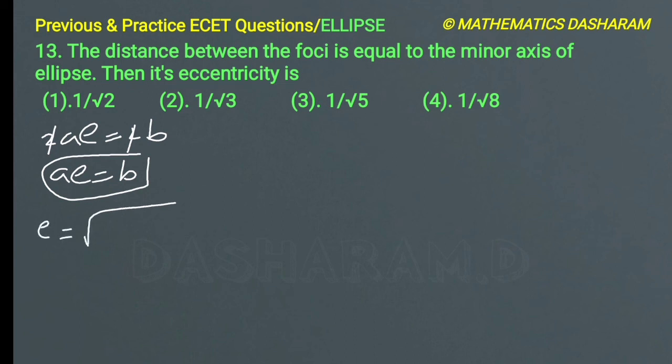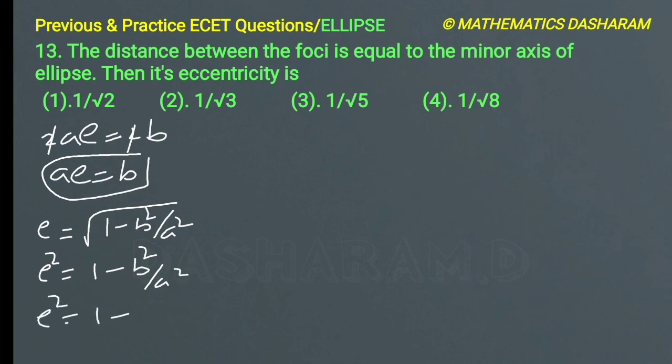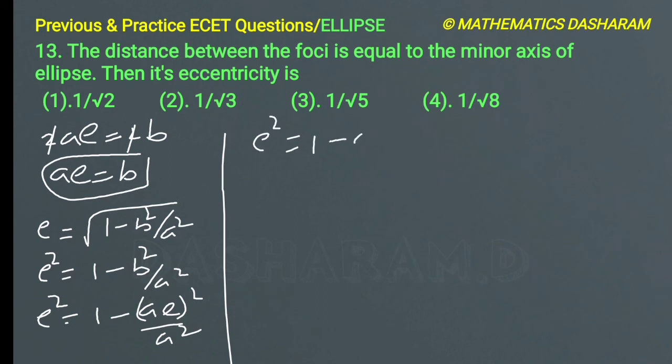e equals, the formula is under root 1 minus b square divided by a square. Then e square equals 1 minus b square divided by a square. e square equals 1 minus, b value is ae, so ae whole square divided by a square. So then e square equals 1 minus a square e square divided by a square.